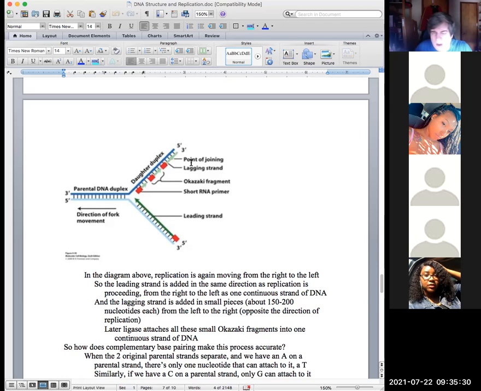And so it makes all these little pieces. And these little pieces are named after the scientist who discovered them, a Japanese scientist. So these are called Okazaki fragments. And this is what that ligase attaches into one long continuous strand of DNA.